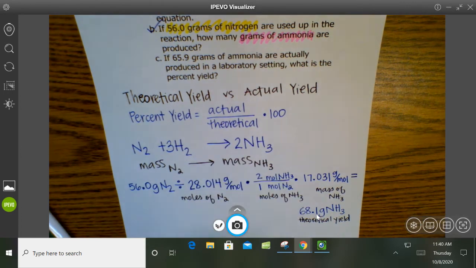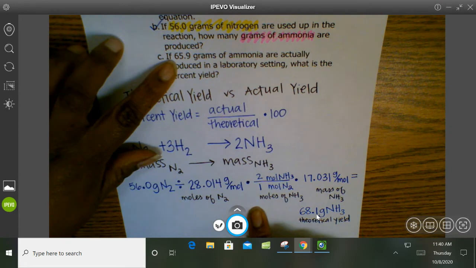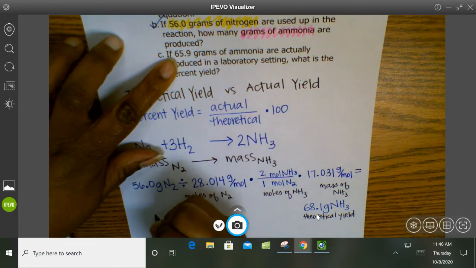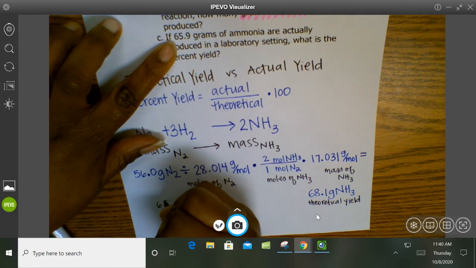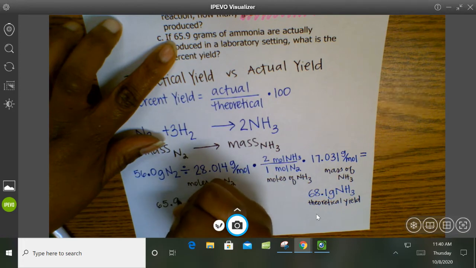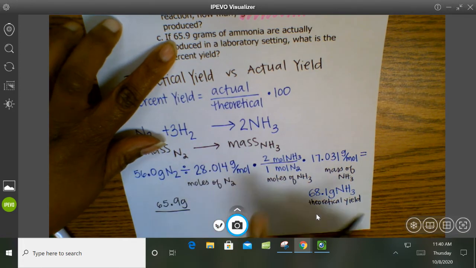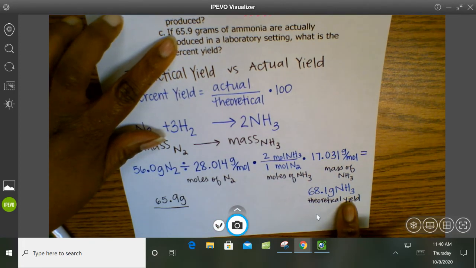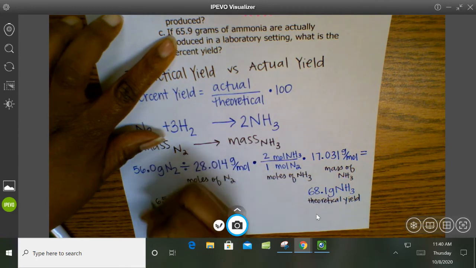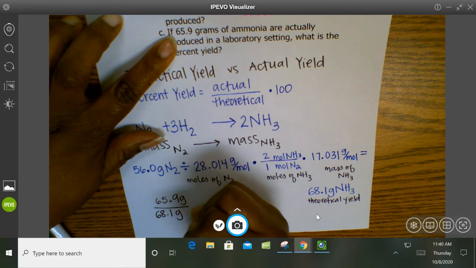All right. So I plug the things in. How much did you actually get? 65.9 grams, make sure you guys can see this. How much should you have gotten theoretically? 68.1 grams. Okay, multiply that by 100.